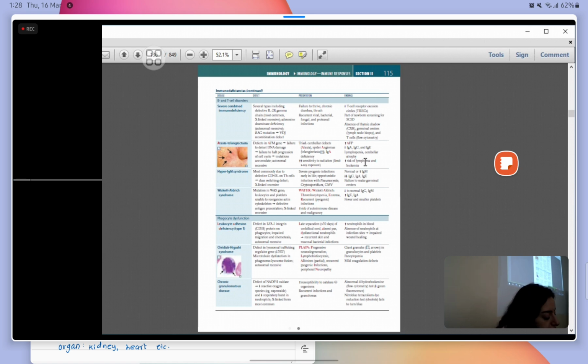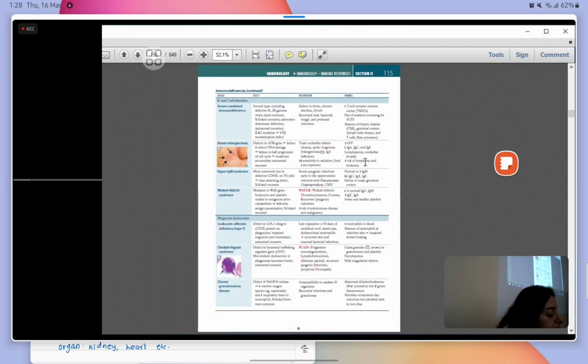Sometimes we have deficiency of an enzyme called adenosine deaminase. What is the function of adenosine deaminase? Adenosine deaminase degrades adenine nucleotides, ATPs, ADPs and AMPs. Nucleotides are synthesized and degraded all the time because DNA synthesis occurs all the time in your cells, and we need these nucleotides, and also we need to degrade nucleotides which are no longer essential.